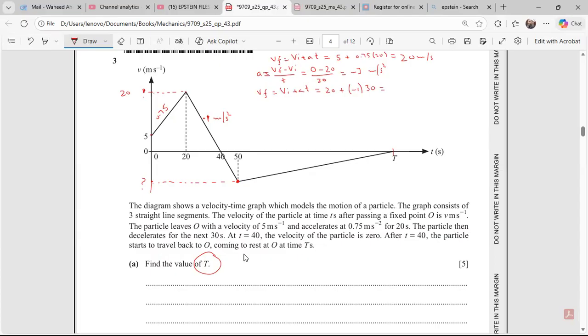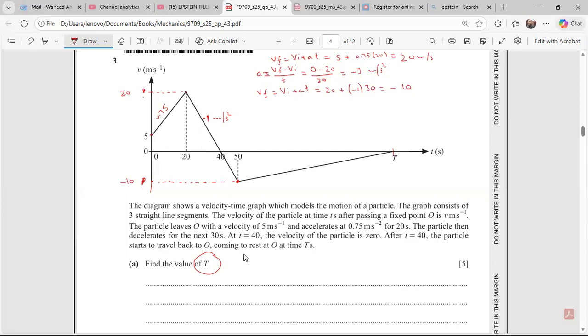So 20 minus 30 is minus 10. So the speed here is minus 10 meters per second. Now we have all the important points, I hope.